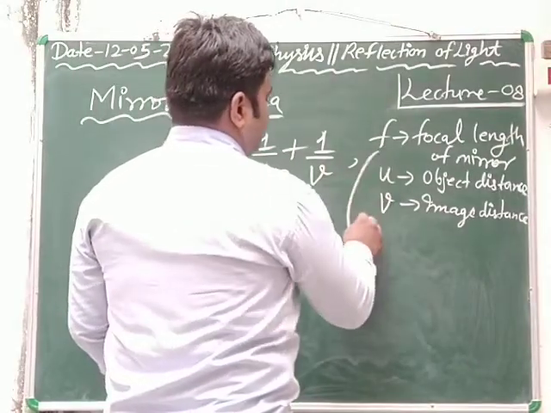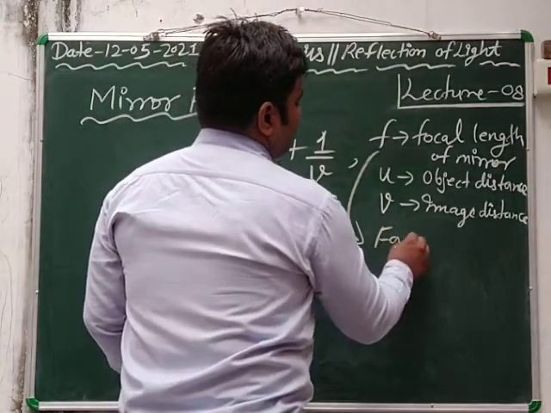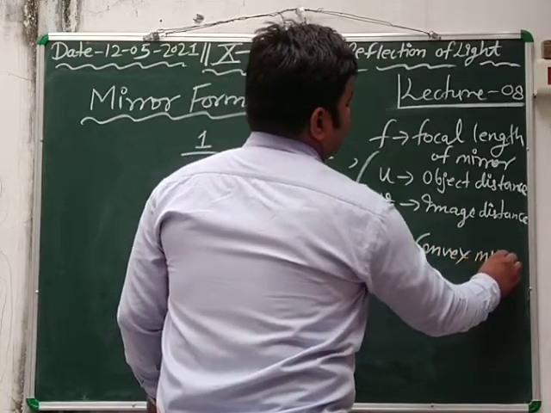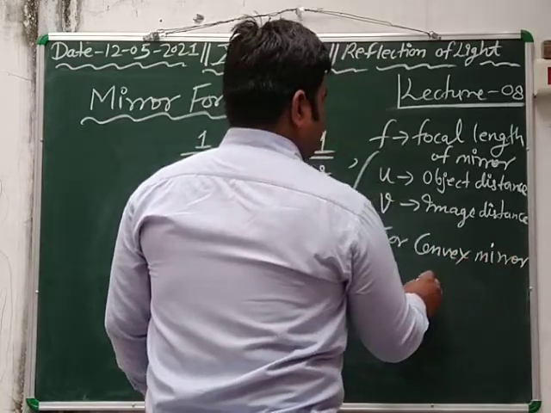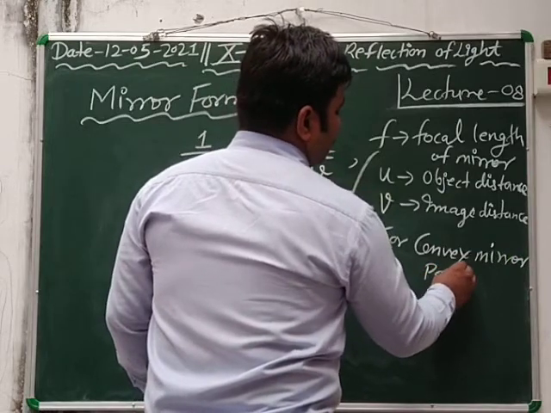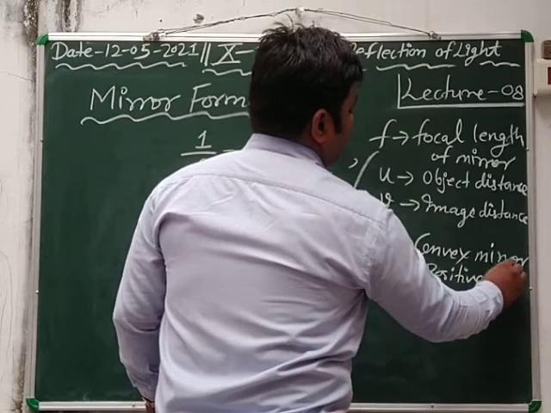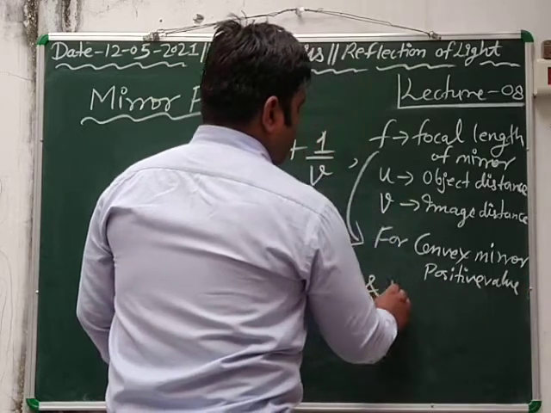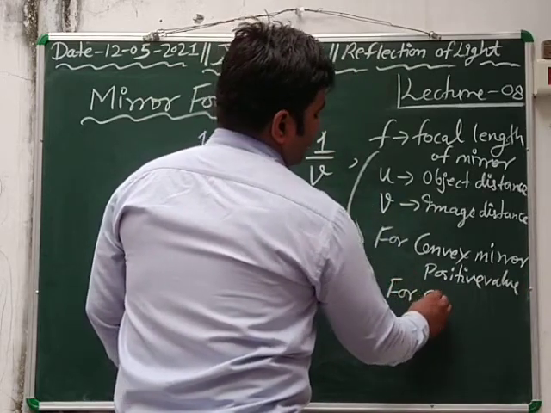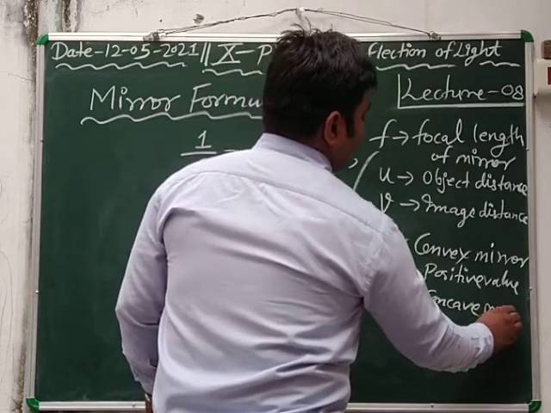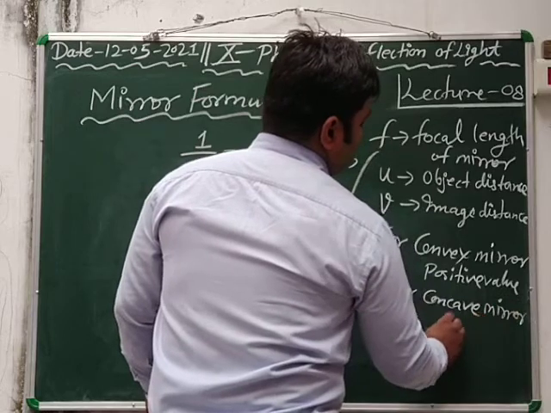This focal length for convex mirror is a positive value, and for concave, negative.